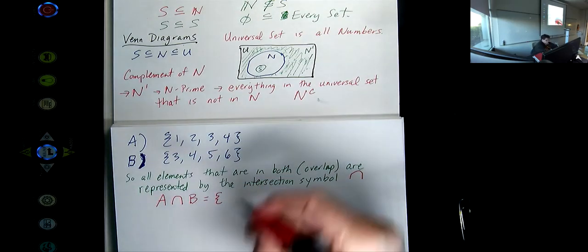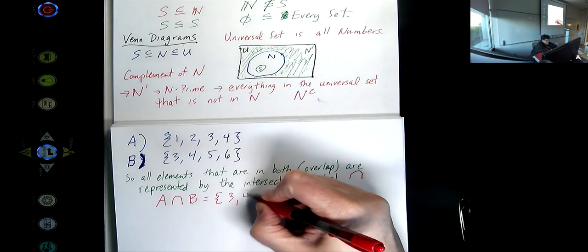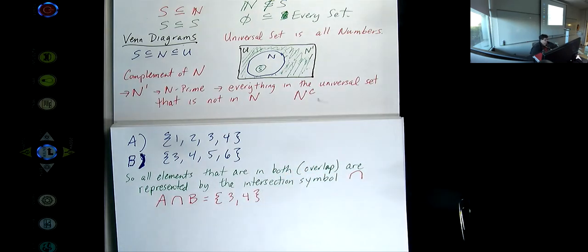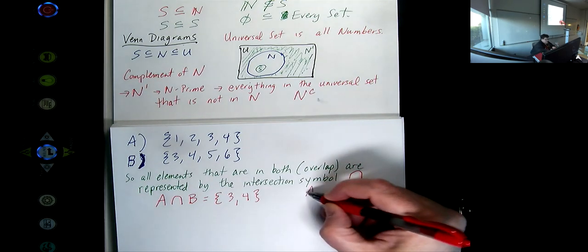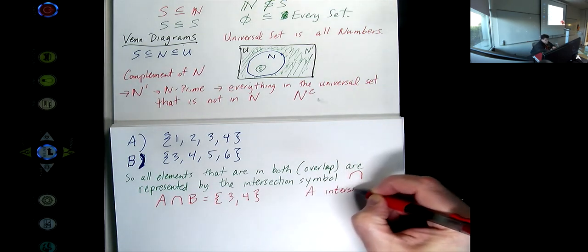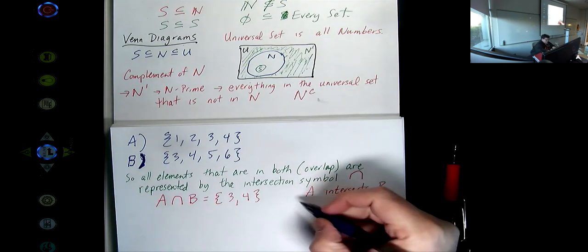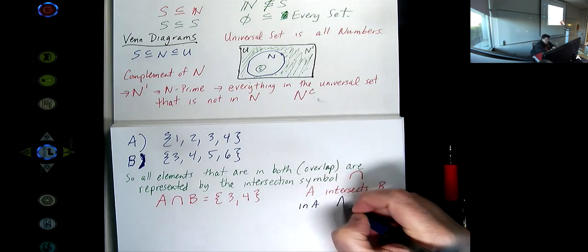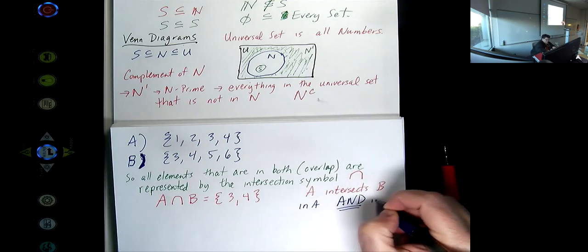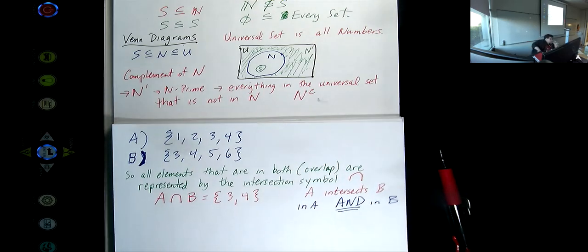Just 3 and 4, right? So they'll say A intersect B, but another way of looking at it is in A and in B. It has to be in both.